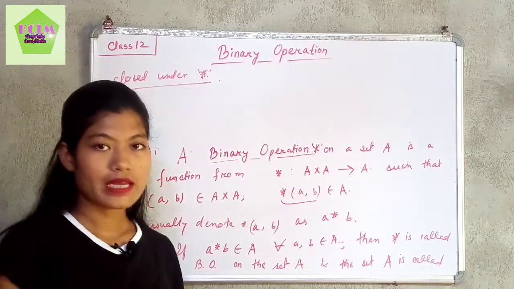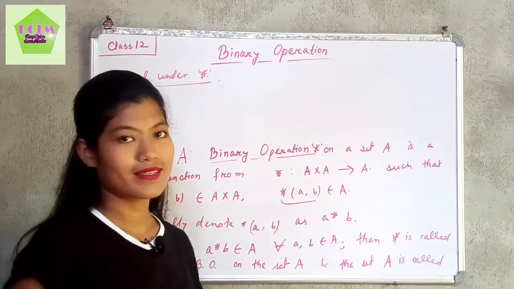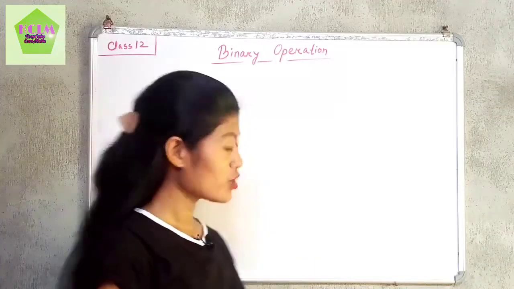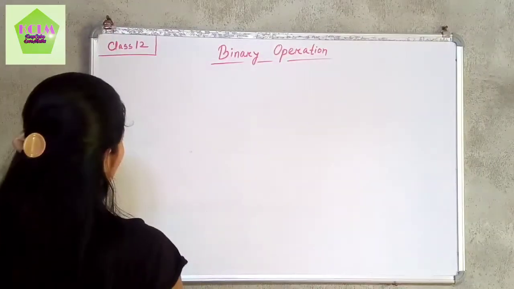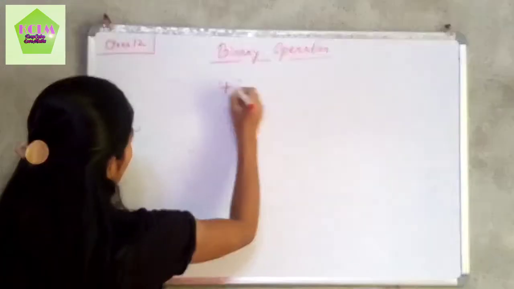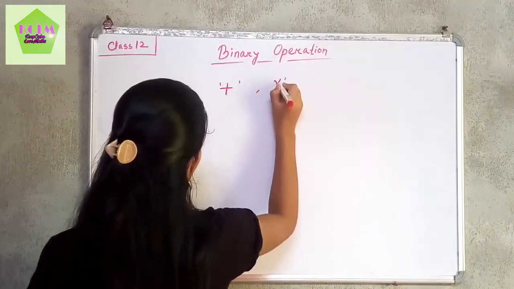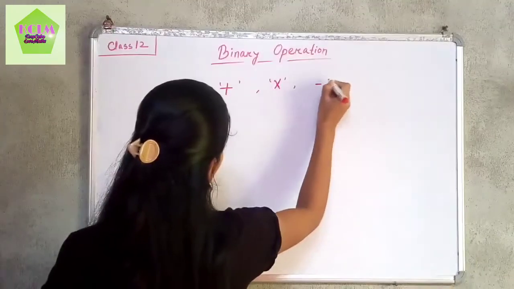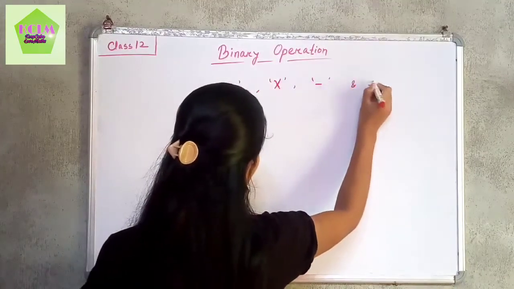Now what will be the examples of binary operation? So basically binary operations are addition, multiplication, subtraction, and division.